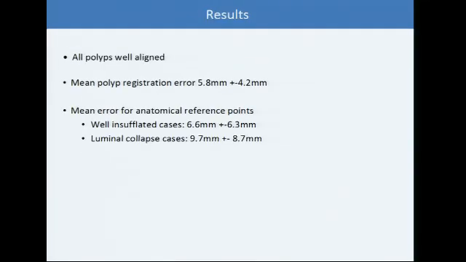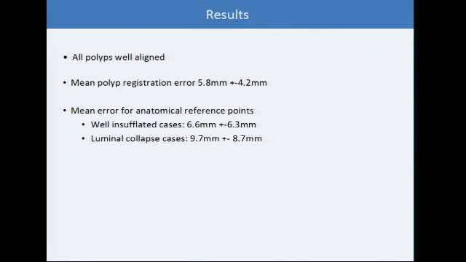So the results were that all of the polyps were well aligned. The mean polyp registration error was 5.8 millimeters. And the mean error for the anatomical reference points was 6.6 millimeters for well-insufflated cases and 9.7 millimeters for cases with luminal collapse. So these results are quite encouraging.